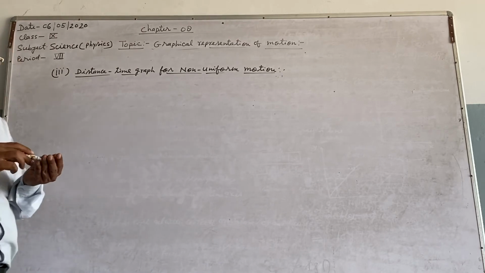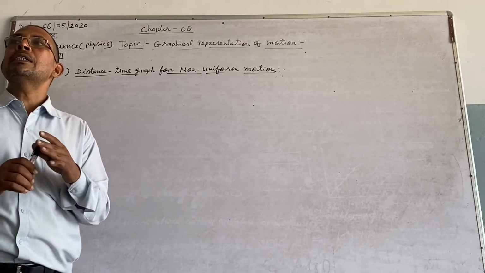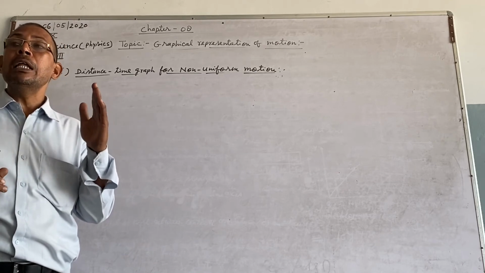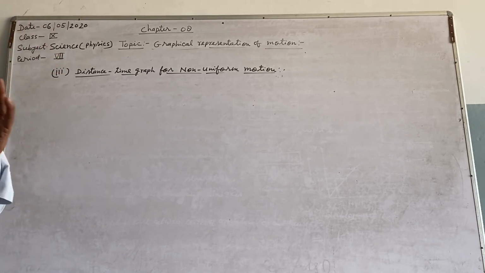During non-uniform motion, an object travels unequal distances in equal interval of time.